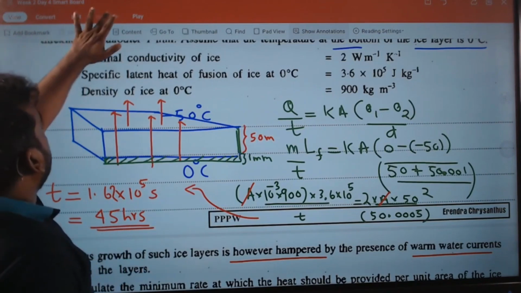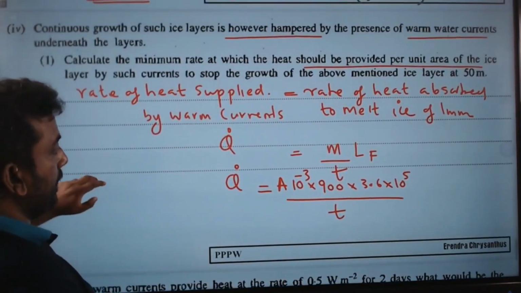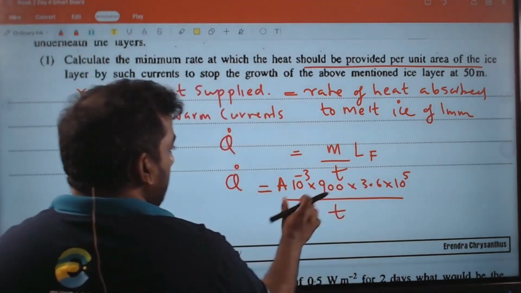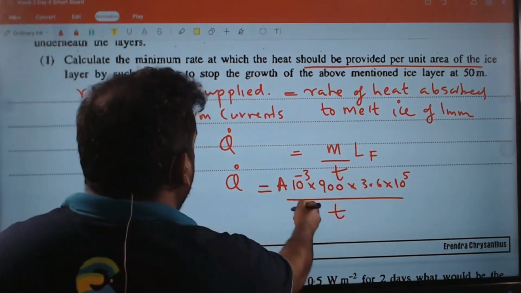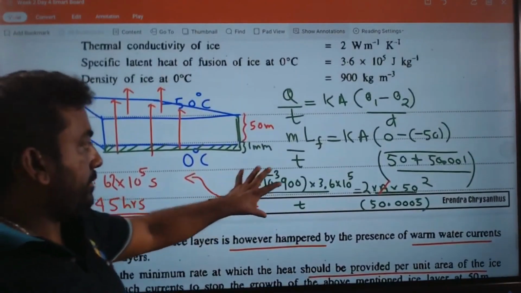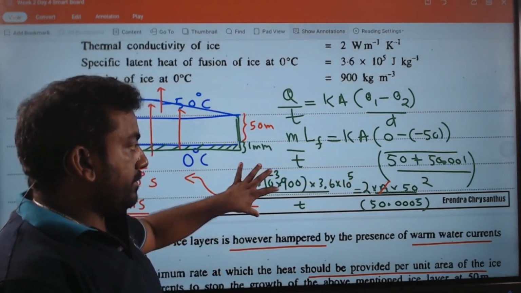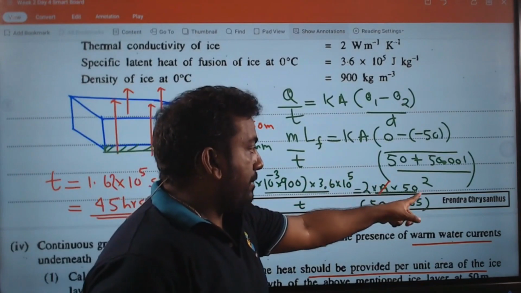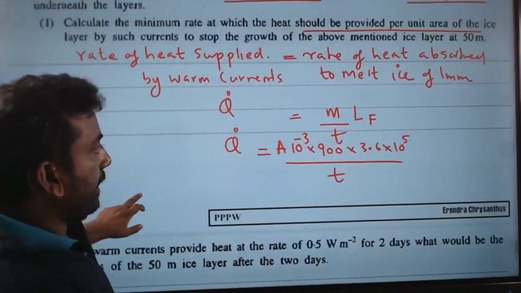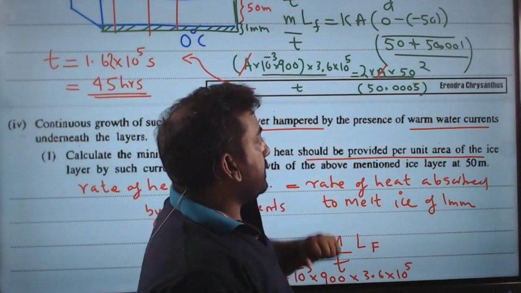Very simple, you can represent the relationship. This part is the same rate given here, which means the same answer is here. This part and this part is same. So this is your answer.